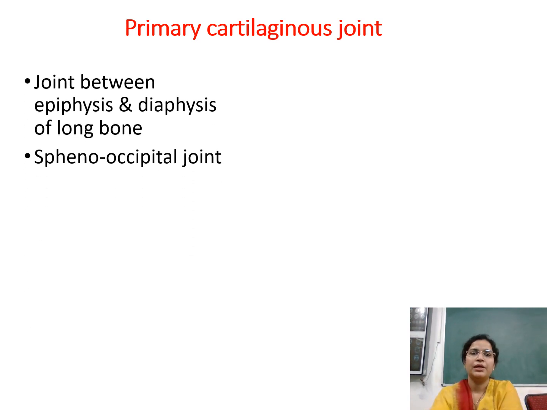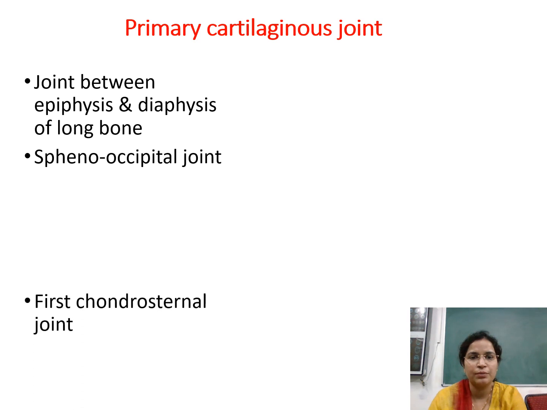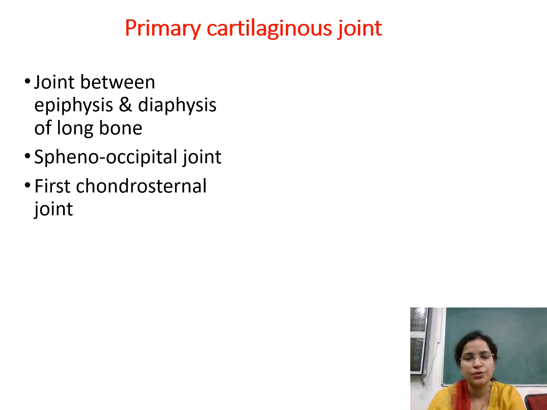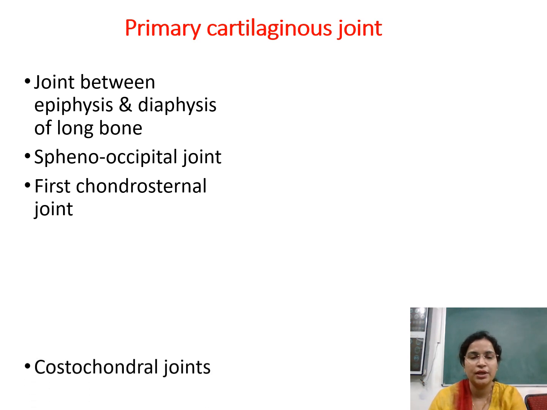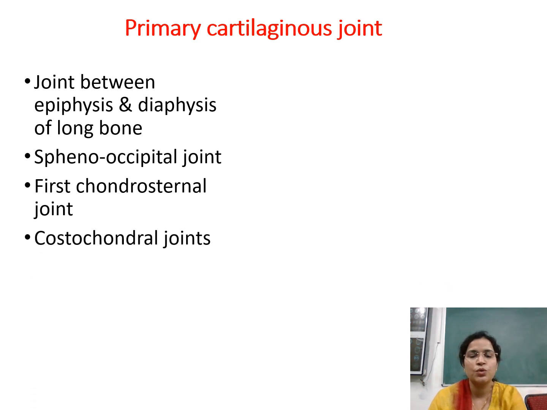Examples of the primary cartilaginous type of joint: the joint between the epiphysis and diaphysis of a long bone, the spheno-occipital joint, the first chondrosternal joint, and the costochondral joints.